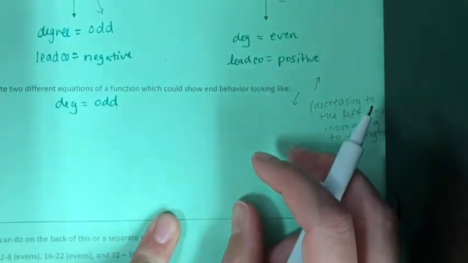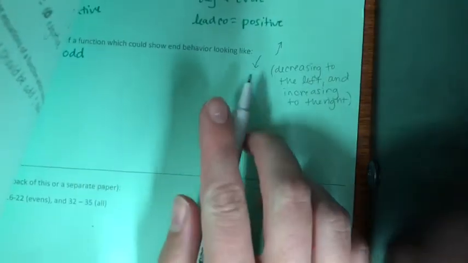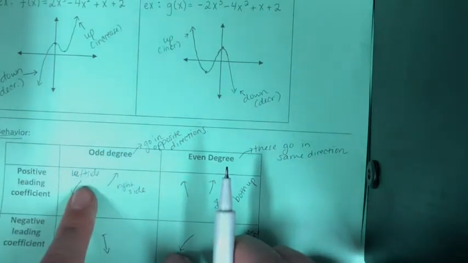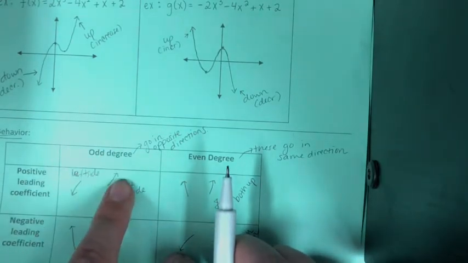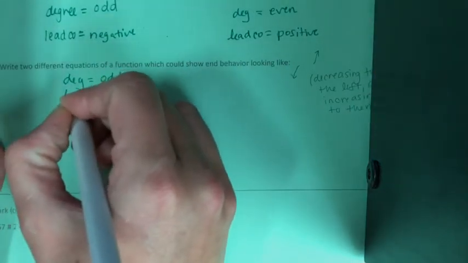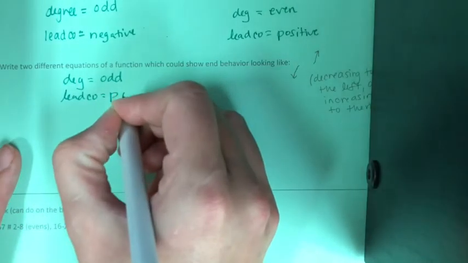And it's going down and up, so I could look at my table. In my table, I'm looking for something that is going down and up. And that looks like it's over here. So an odd degree with a positive coefficient. Down, up. So my coefficient is positive.